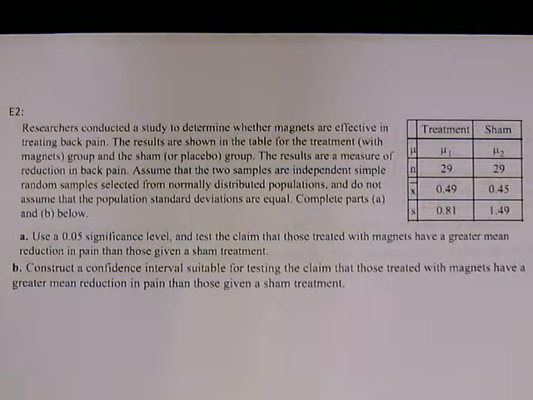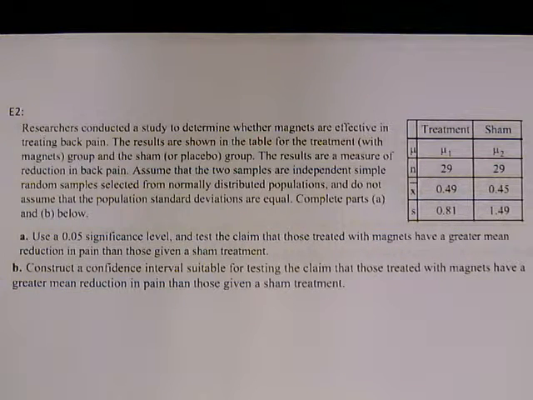Assume that the two samples are independent, simple random samples selected from normally distributed populations, and do not assume that the population standard deviations are equal. Complete parts A and B below.